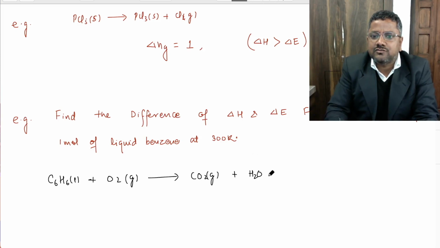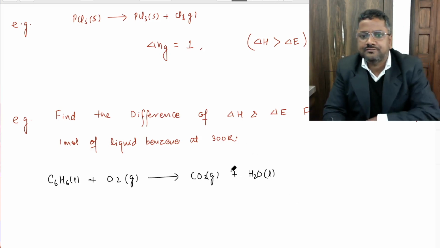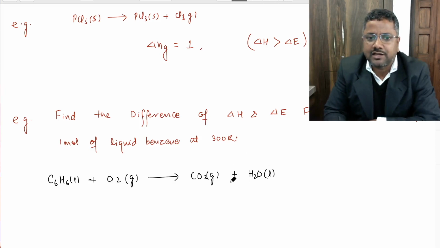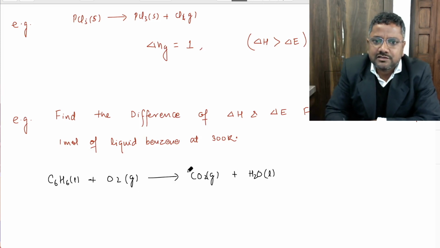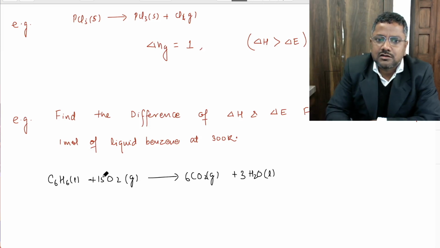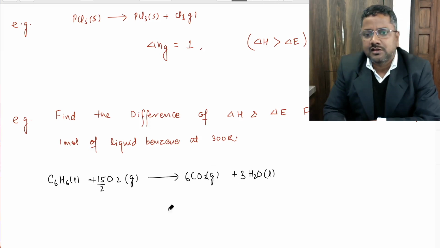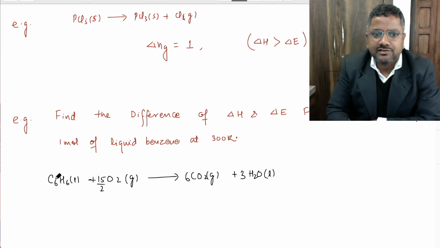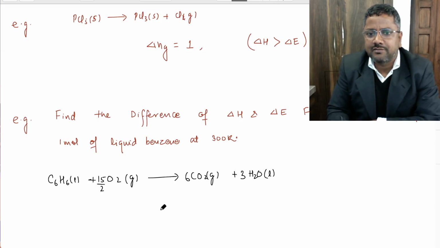At 300 Kelvin, H2O is liquid, right? So you have to write a proper chemical equation and balance this: 6 CO2 and 3 H2O, and O2 is 15 by 2. Now this is the balanced equation for 1 mole of liquid benzene.